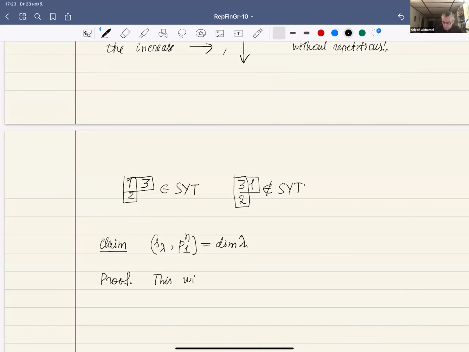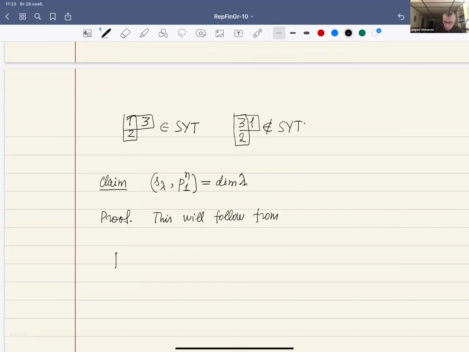This will follow from the formula. This is a symmetric function, homogeneous of degree n, so it can be expanded on Schur symmetric functions. And it turns out that the coefficients are these numbers. So we will show this.